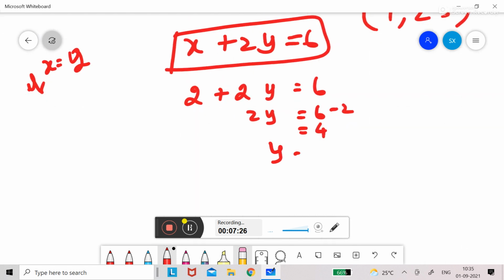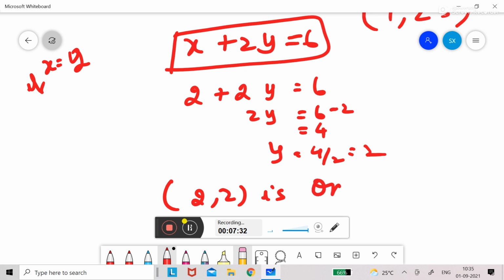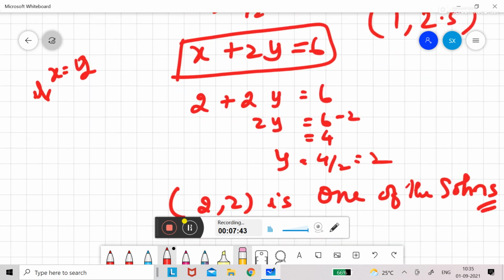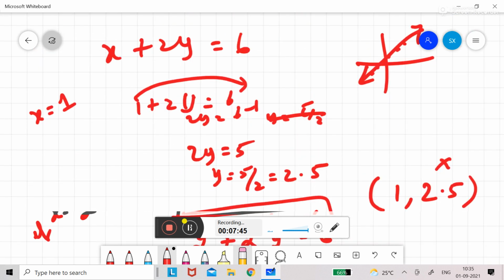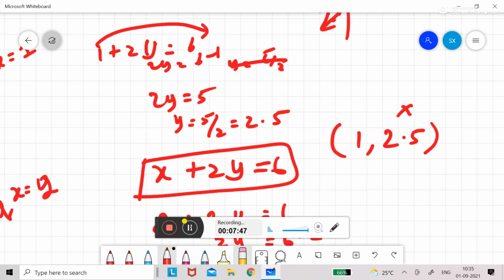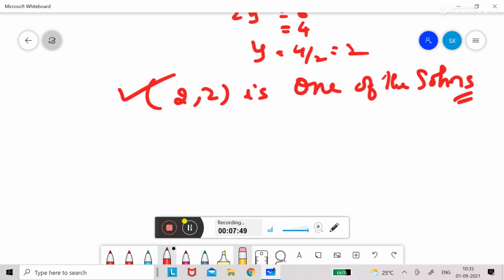So y is equal to 4 by 2, 2. So (2, 2) is also one of the solutions. So two solutions we calculated. 3 we did, but we don't want this. So we are taking (0, 3) as one of the solutions, and we also took (2, 2) as another solution.